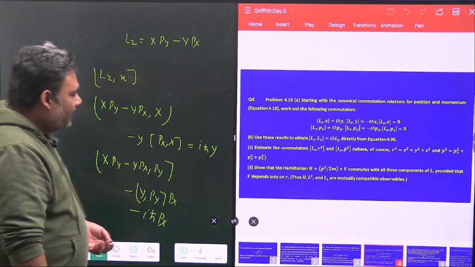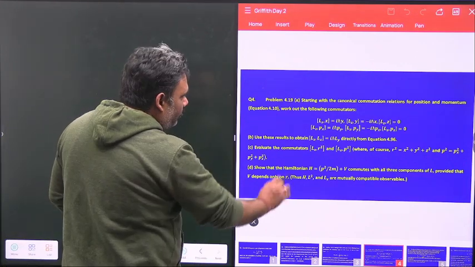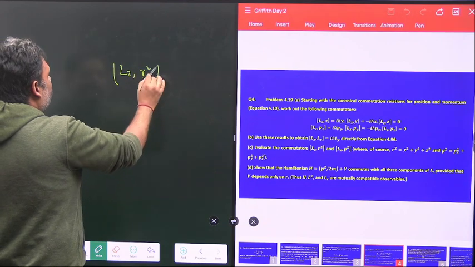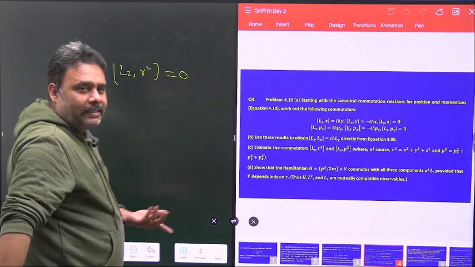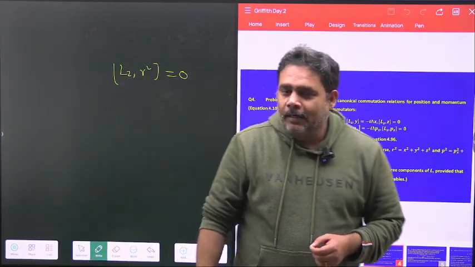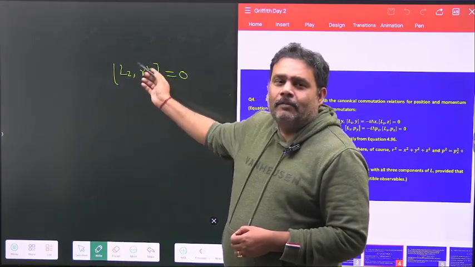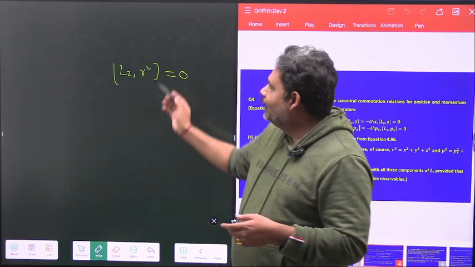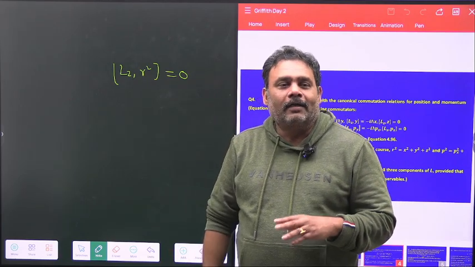Okay. And next will be very interesting. You have to just talk about LZ and R square. So this is directly, I can say this is 0. Why? Because I can assume this is some potential of R square, that is only function of R. So if it is only function of R, this is what?